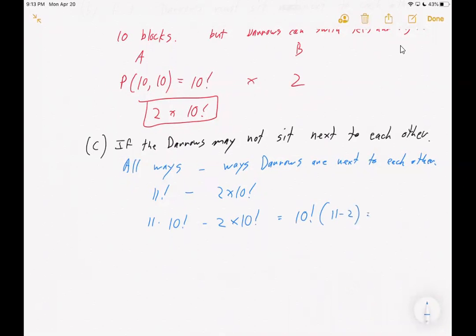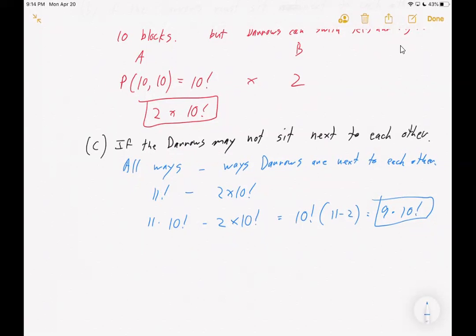So it ends up being 9 times 10 factorial. There are a lot more ways that they could be seated away from each other than next to each other because they make up a small percentage of the class. So that's how we could do that problem.